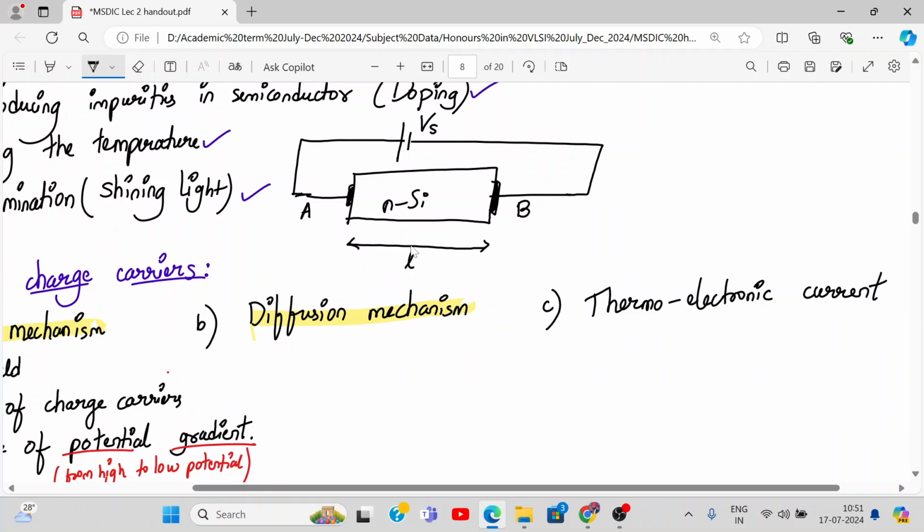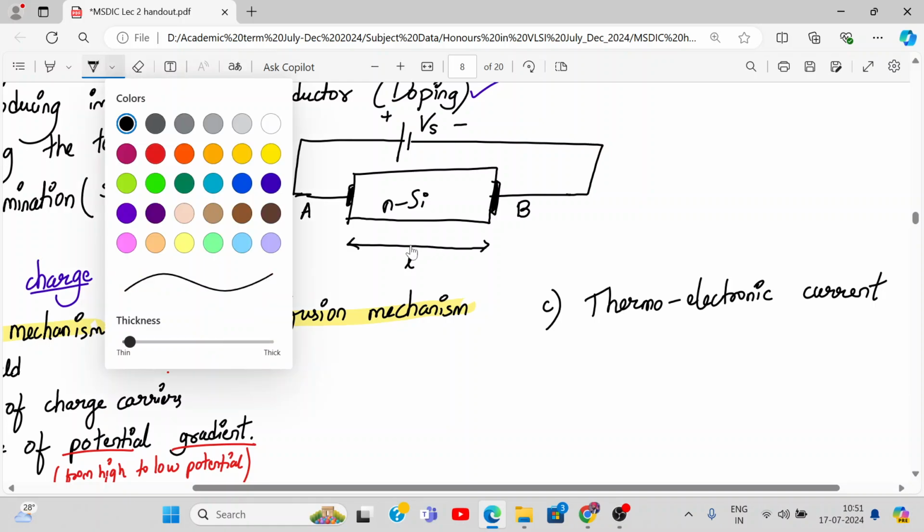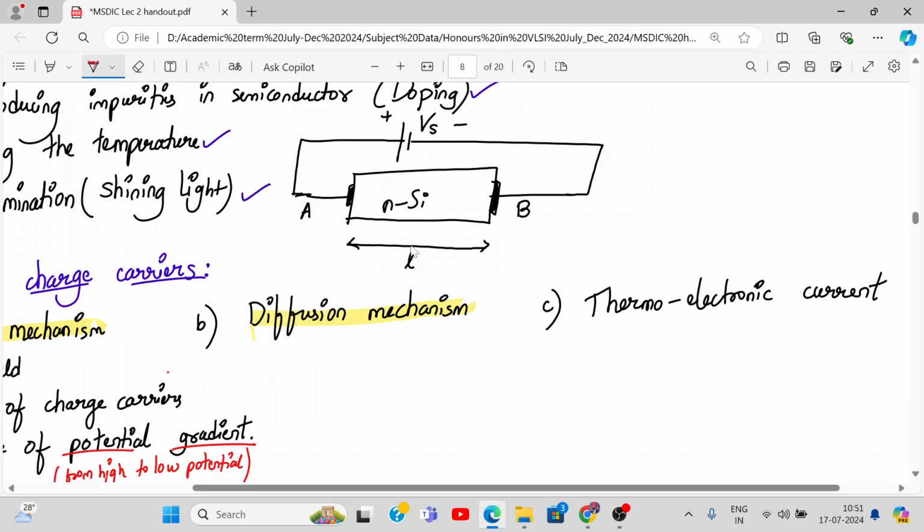So whenever we apply a voltage across a semiconductor, there will be an electric field. Let's say this voltage is around 5 volt. So can I say on this side we have 5 volt and this side we have 0? Yes or no? Do you agree?